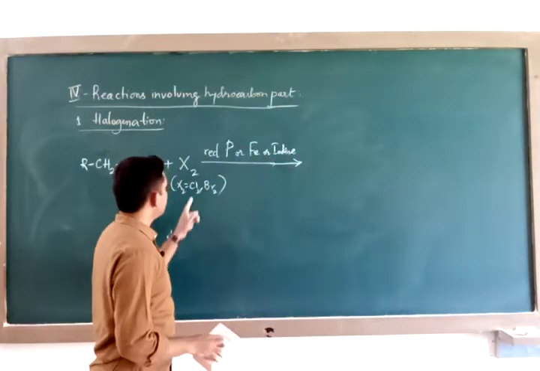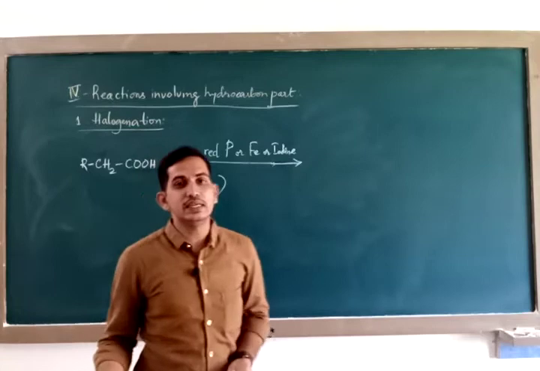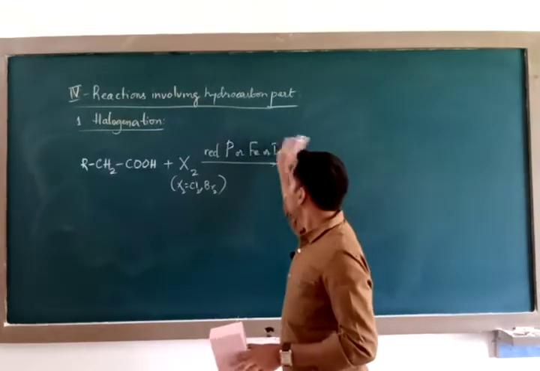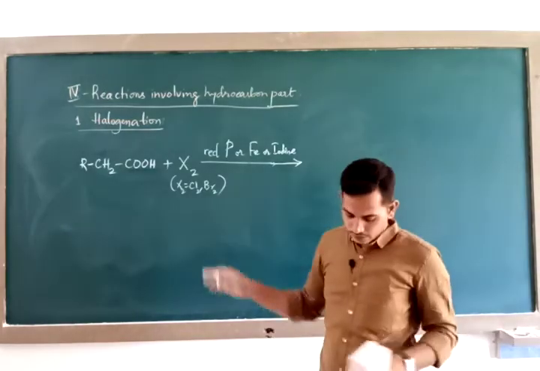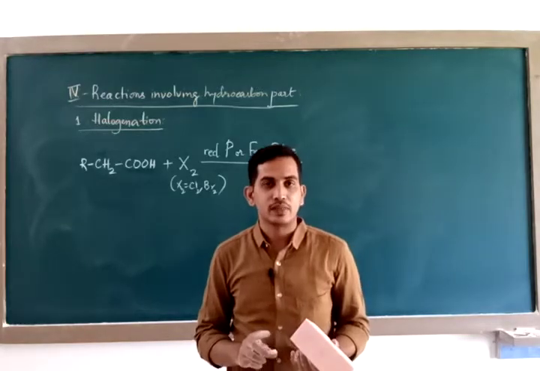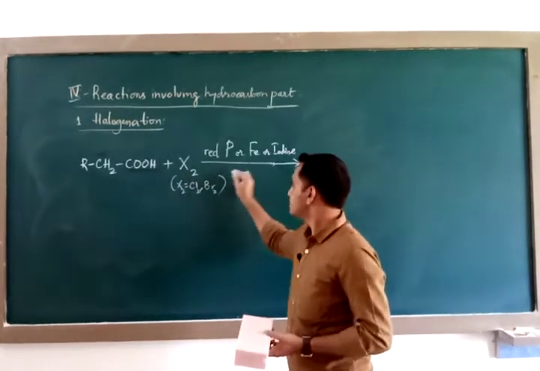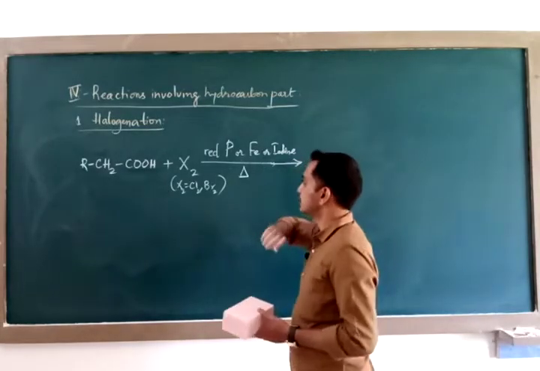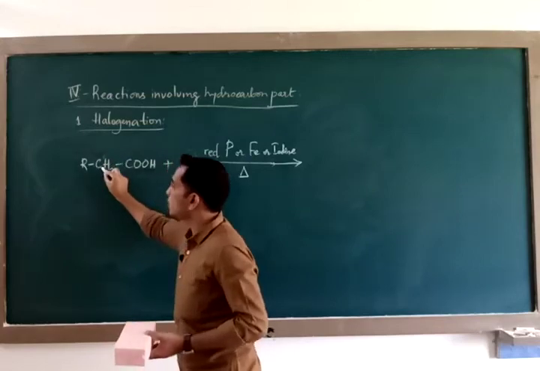You may say, sir, you have chosen two halogens here, there is one more halogen. Iodine does not get easily substituted. It is taken as catalyst. To avoid confusion, forget iodine, remember these two. At least red phosphorus is compulsory. So whenever any carboxylic acid which contains alpha hydrogen atom is heated with halogens in the presence of red phosphorus or iron or iodine as a catalyst, then this halogen gets substituted in the hydrocarbon part.